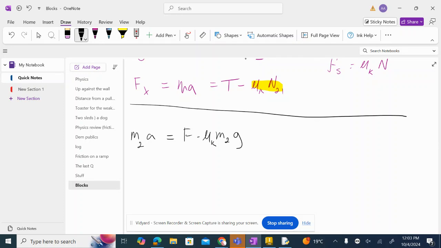So this right here is only one of them. This is for the second block. Then we're going to do minus mu k m1g. This is of the first block. And then minus mu k m1g again. And isn't that interesting?